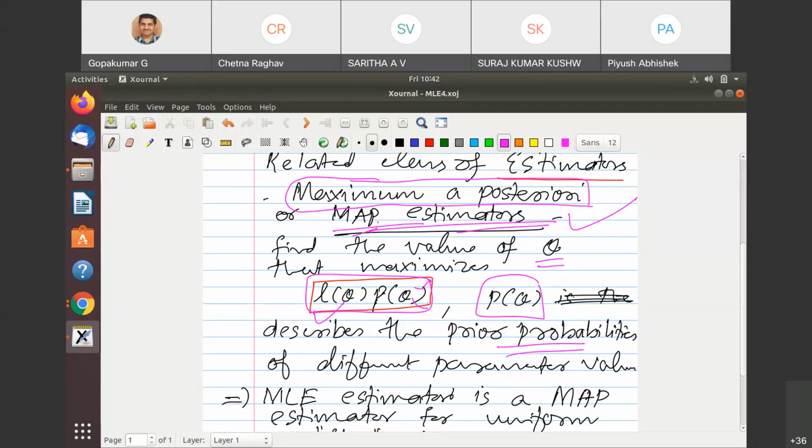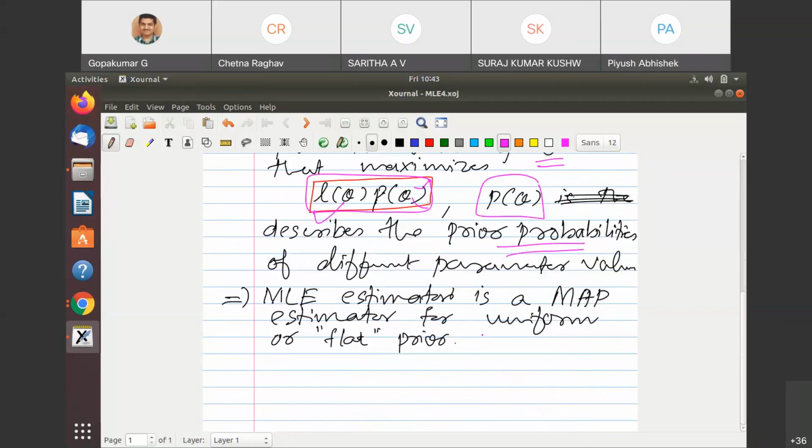If you look into MAP and MLE, suppose P of theta is uniform. Then that can be ignored, so that you will have only L of theta, which is the MLE estimator. So the MAP estimator considers the prior probabilities of the parameter values also. That is the relation between them.